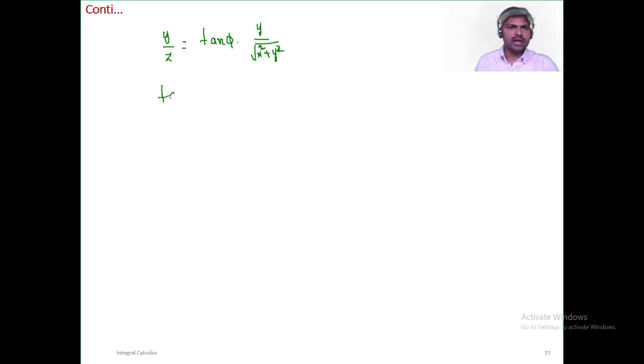So first, tan phi is equal to y by z into the square root of x square plus y square, reciprocal, divided by y. Now y cancels out, so finally what remains? The tan phi value, remember my goal is the upper bound for phi, is the square root of x square plus y square divided by z.